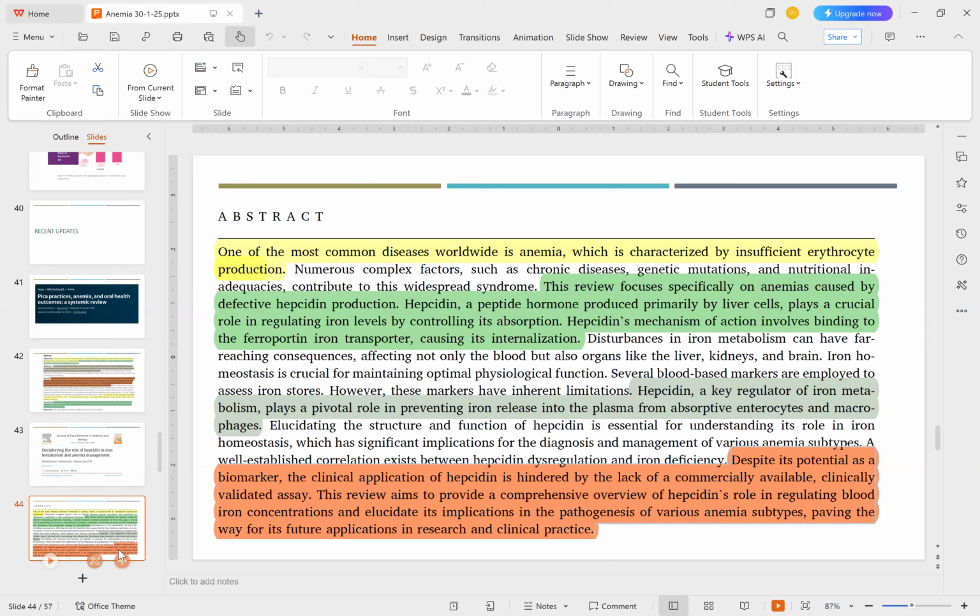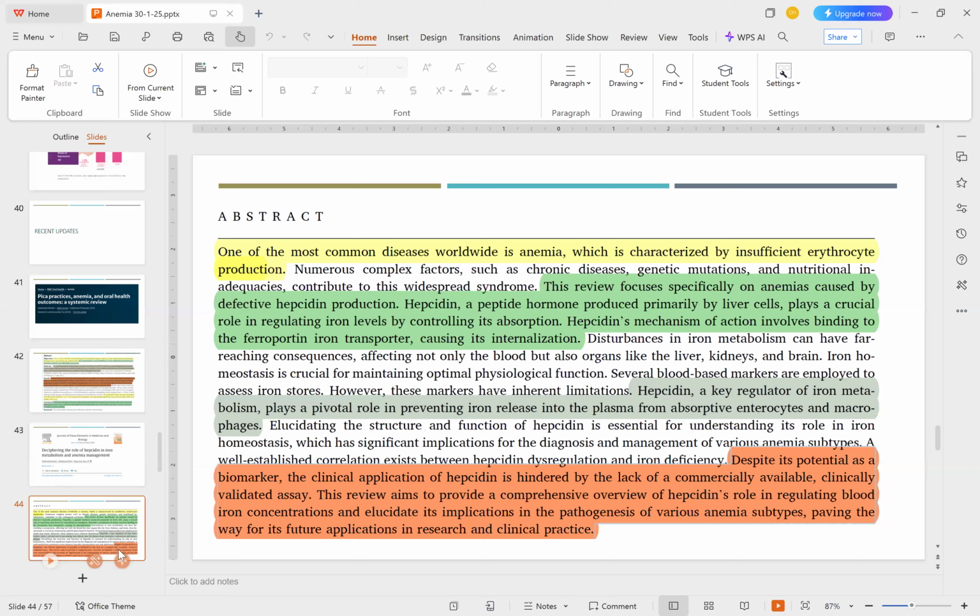Hepcidin's mechanism of action involves binding to the ferroportin iron transporter, causing its internalization. Hepcidin is a key regulator of iron metabolism, playing a pivotal role in preventing iron release into the plasma from absorbing enterocytes and macrophages.